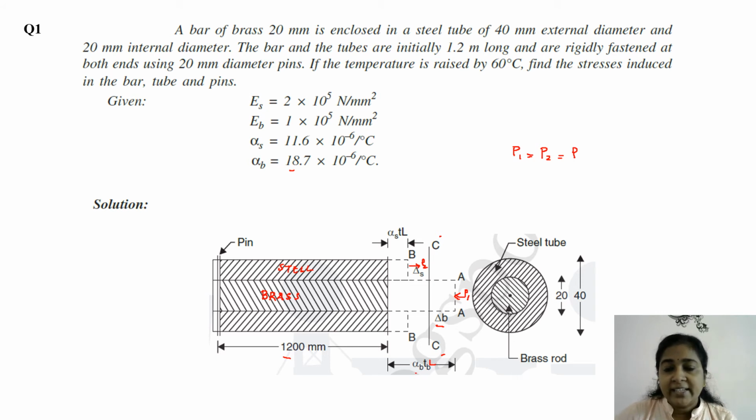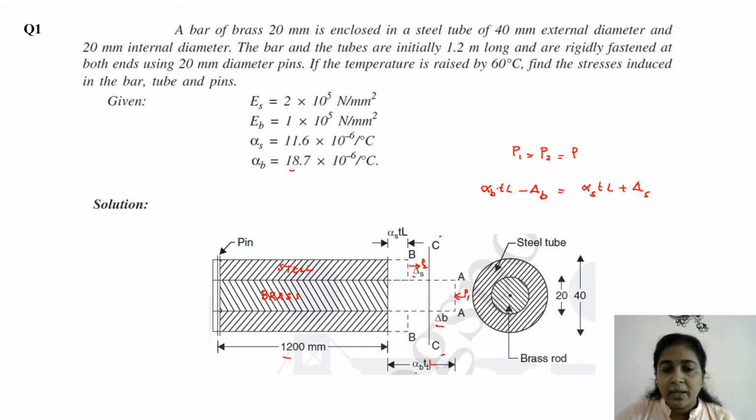Here delta S is the increase in length of the steel due to the tensile force P2, and we can write, considering brass, alpha B into T into L minus delta B is equal to alpha S into T into L plus delta S.